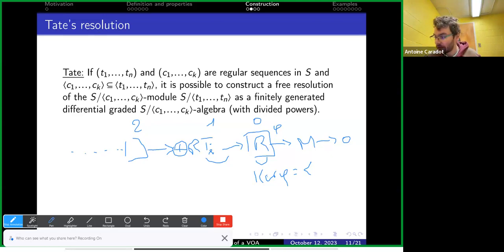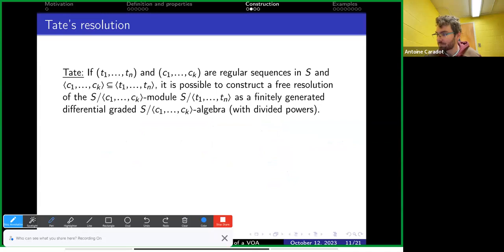The interesting part of this result is that if something is a complete intersection, so if you have regular sequences, this process is going to stop. And so you will add only finitely many of those variables. That's the important thing to take away from this construction.